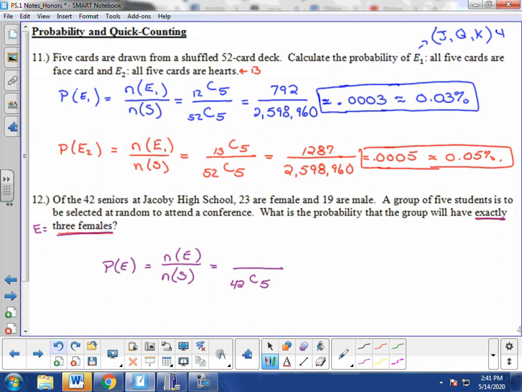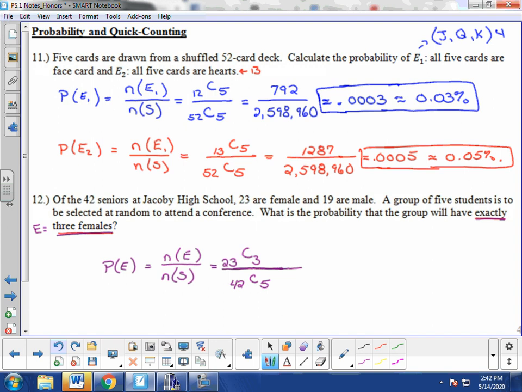Now, the numerator is going to create a different type of situation than what we've seen to this point. We want exactly 3 females. So let's focus on females. There are 23, so out of the 23 females, we want 3 females. So 23 choose 3.